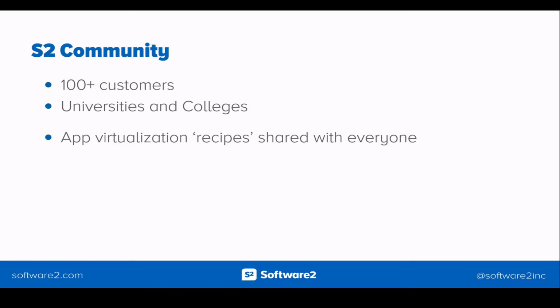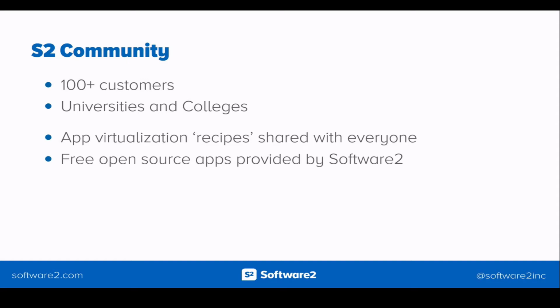So the instructions on how to prepare the applications are there for everybody on the forums and shared between the universities and colleges. And Software 2 provide free open source applications ready to download and use in the S2 Hub. So the universities don't have to package the open source applications, they are provided.